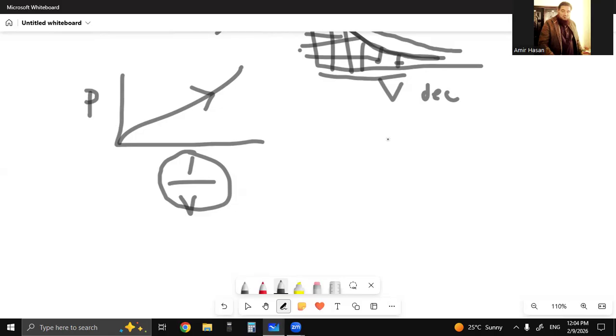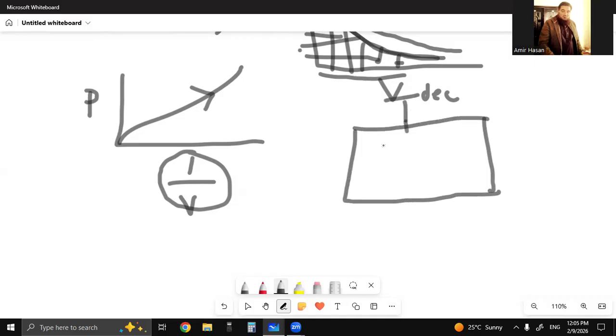Pressure increasing, volume decreasing. What happens when we apply pressure and volume decreases? Molecules come near to each other. When volume is greater, molecules move easily.